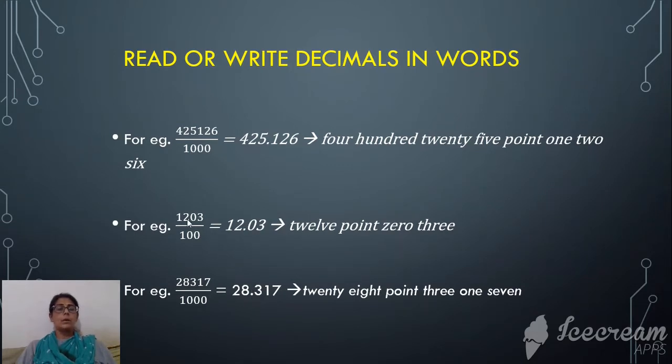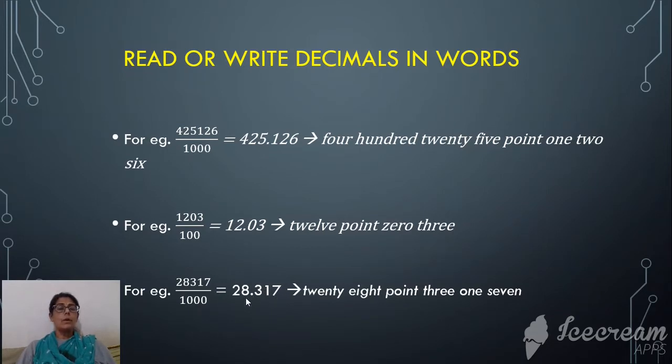Here it is 2 zeros, so we placed the decimal before 2 digits from the right side. Here 3 zeros, so we placed the decimal before 3 digits from the right side.